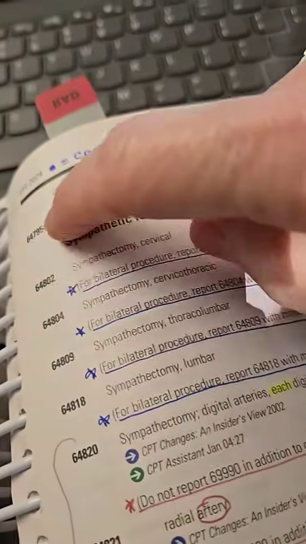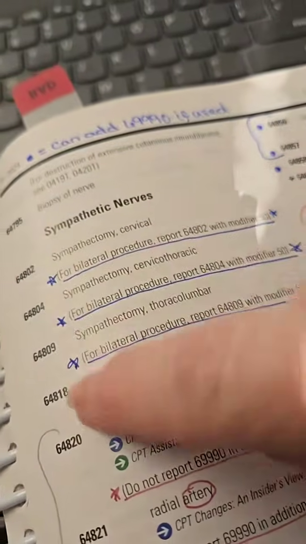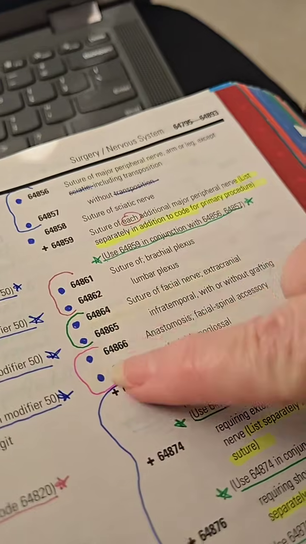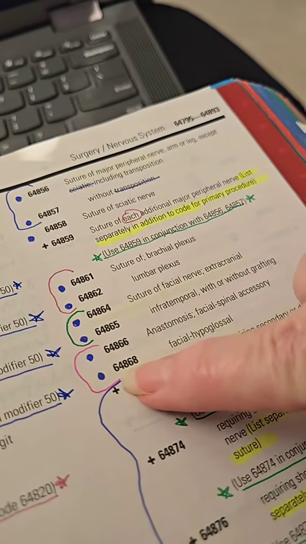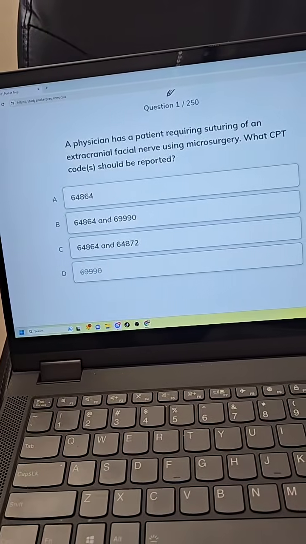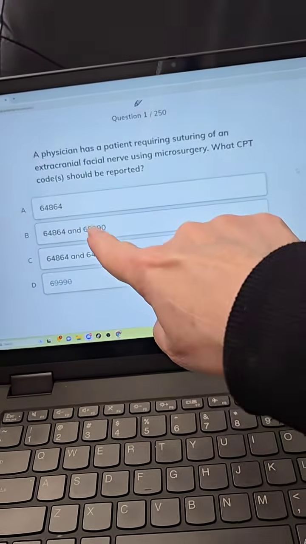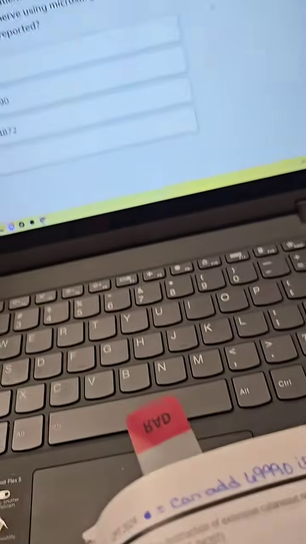So in my notes, if there's no blue dot, then you don't add it. But if there is a blue little circle here, then you know you need to add it. And if we look at our answers, we've got our 64864, and it says we're supposed to use it according to my notes. Let's see if I'm correct.